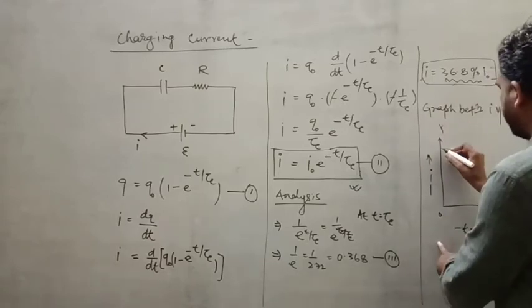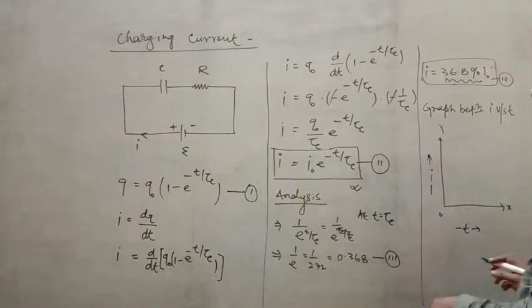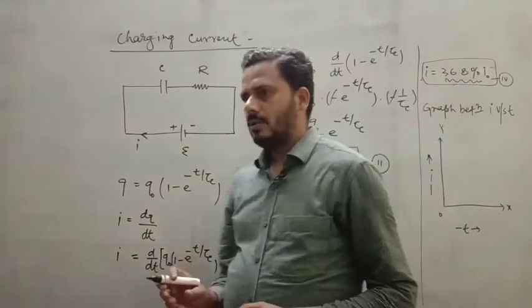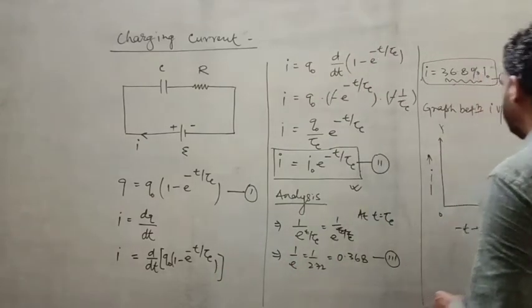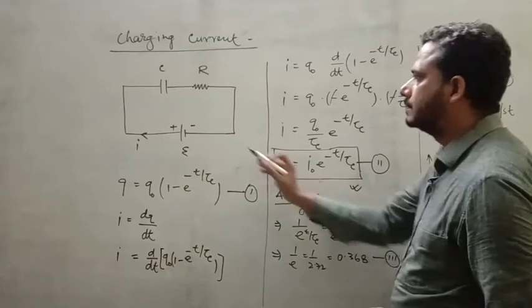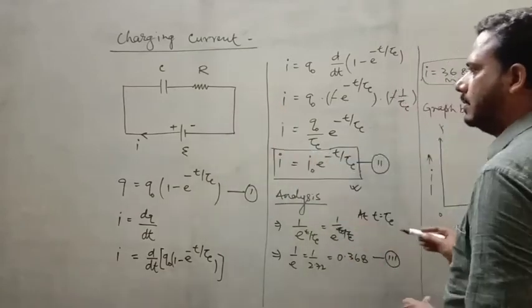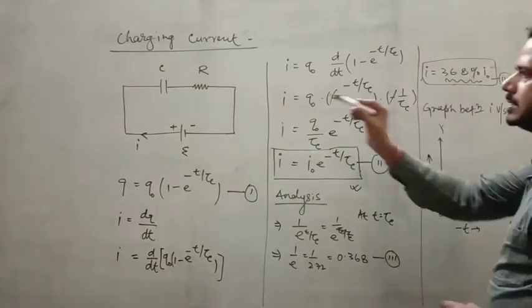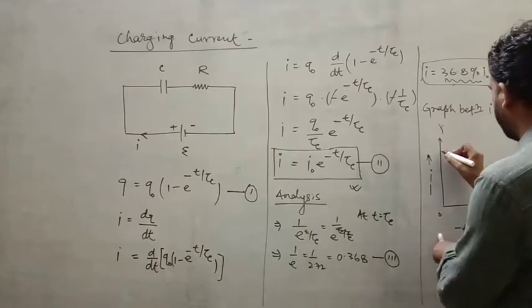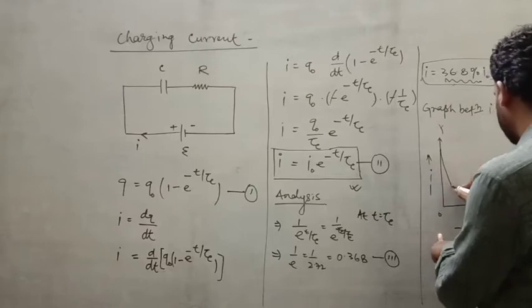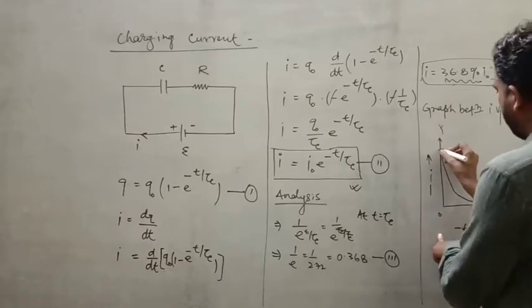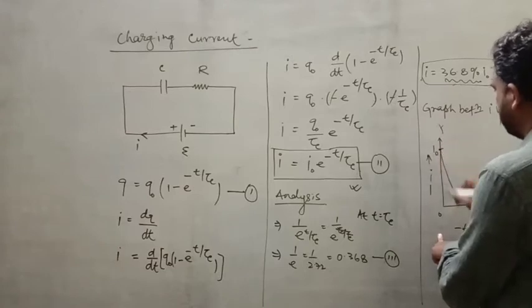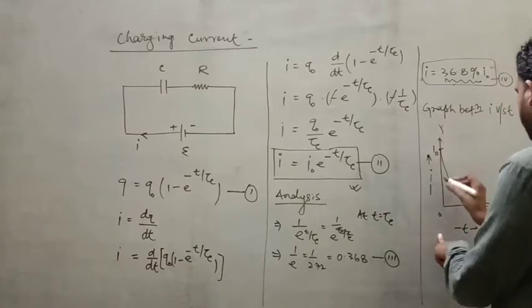So what happens at time t equal to 0? There is a maximum current that will try to flow in this circuit. So there will be I max. It will just, after passing of time, decrease up to infinite. So at this point, this is called I naught. Alright, and then it decreases up to here.